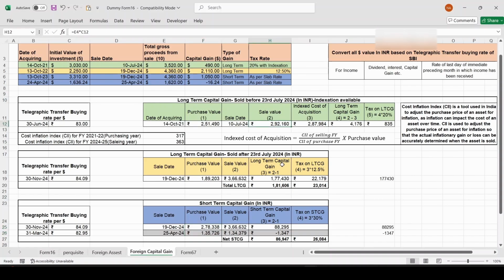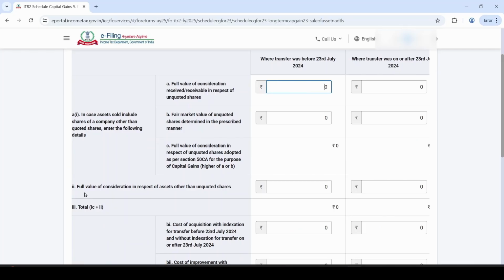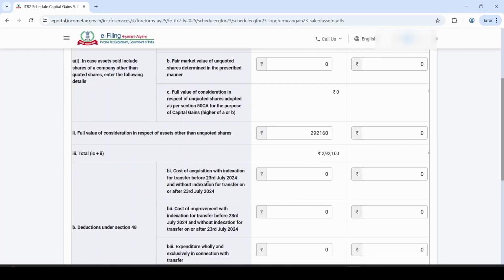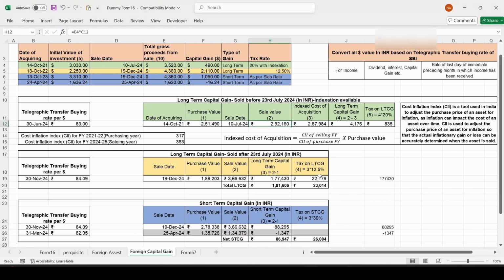So our sell value is this, 290160. So again, I am mentioning it in assets other than unquoted shares. Now we need to mention cost of acquisition, purchase value.